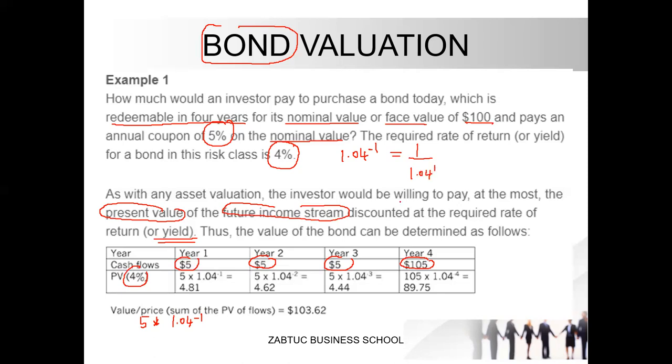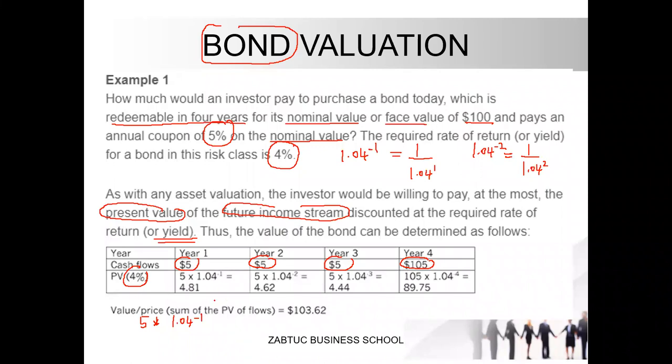That's what it is. This one, 1.04 to the power minus 2. 1.04 to the power minus 2 is 1 over 1.04 to the power 2. Is that okay?